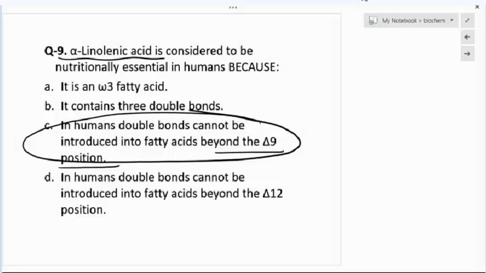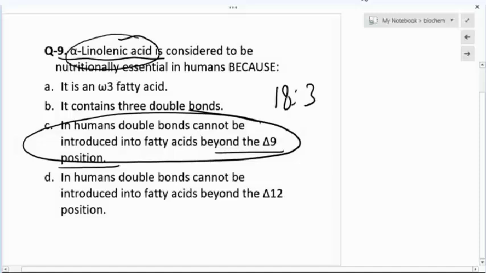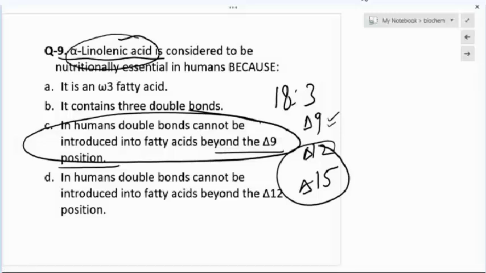So when we talk about linolenic acid, it's not linoleic, it's linolenic acid. It is 18 carbon having 3 double bonds, and those are present at delta 9, delta 12 and delta 15 position. So delta 9 can be introduced, but the other two cannot be introduced by desaturase enzyme, because we don't have desaturase enzyme which can introduce the double bond beyond delta 9. So that makes alpha linolenic acid an essential fatty acid.